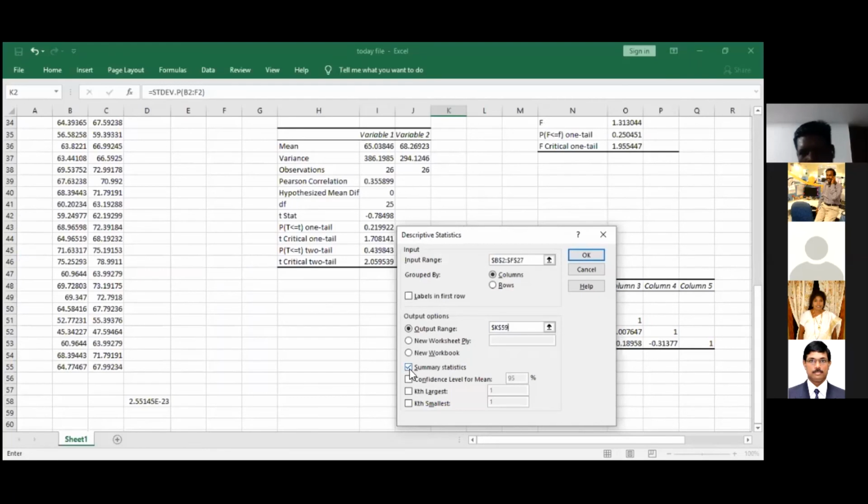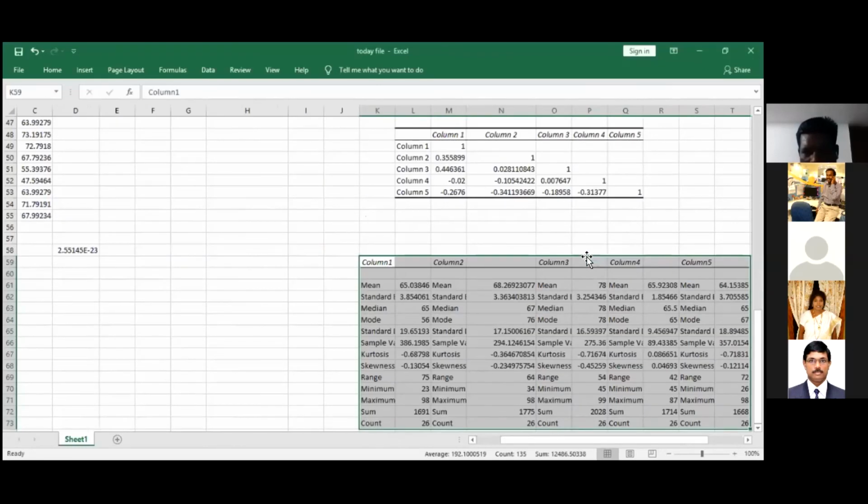Then click on summary statistics. If you do not click on summary statistics, the results will not appear. So click on summary statistics. Then okay, the results are here.